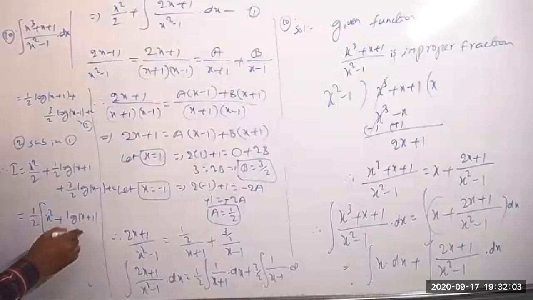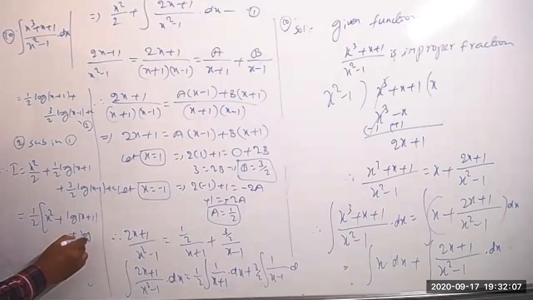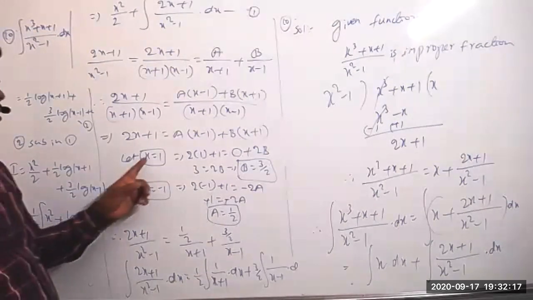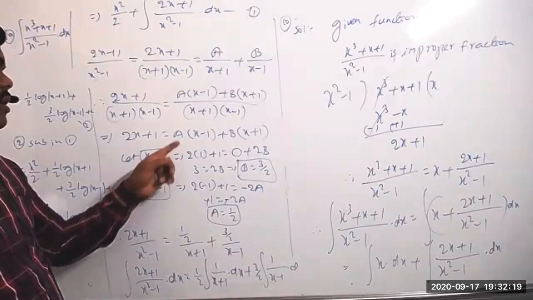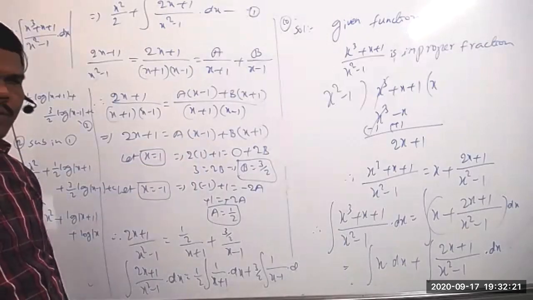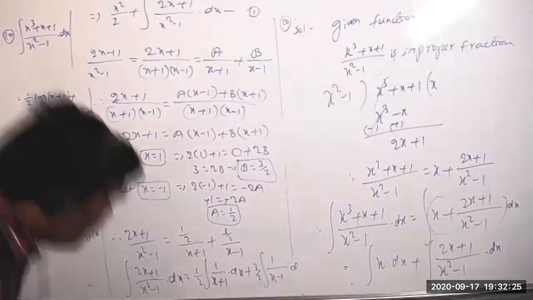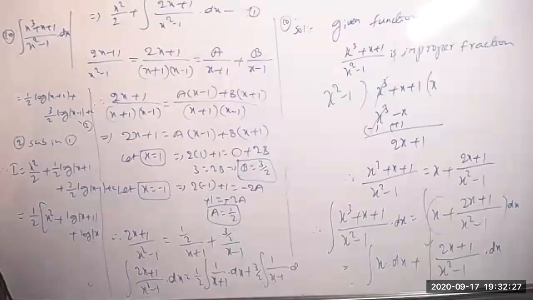Sir, I'm getting A equal to 3 by 2 and B equal to 1 by 2, sir. How is it possible? Quite opposite you got now. First you took x equal to 1, then A will become 0 or B will become 0. If I take A by x minus 1 plus B by x plus 1, then it's fine.